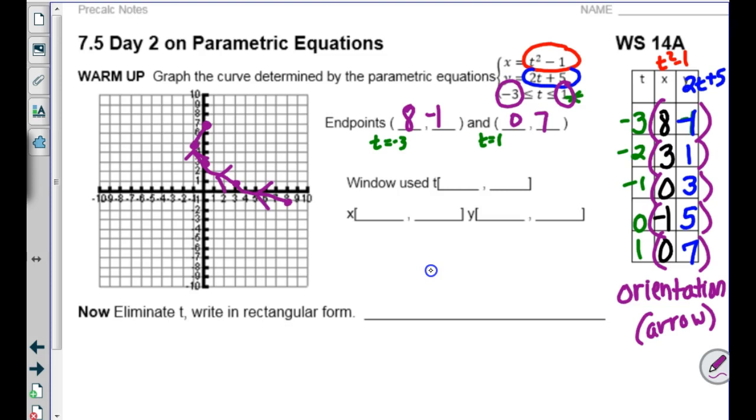Okay. The only thing that's tricky is the t window, guys. When we're putting it in the calculator, the t window has to match this. So it's going to be -3 to 1. And what t step did we decide we should use yesterday? 0.1 is going to be the t step we use most of the time.